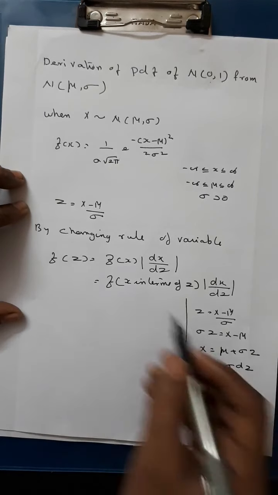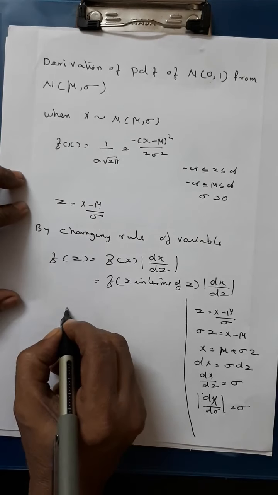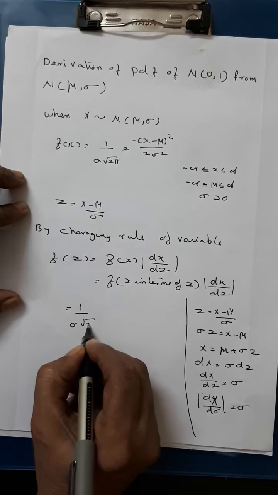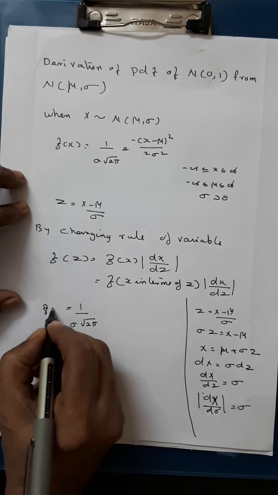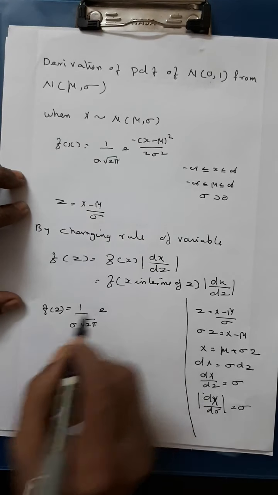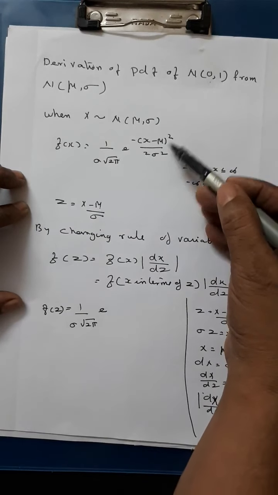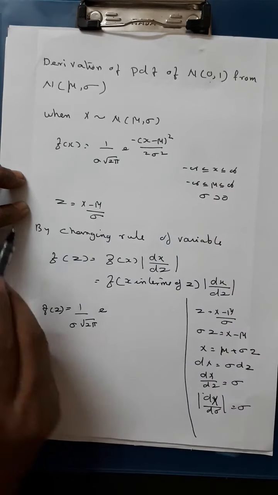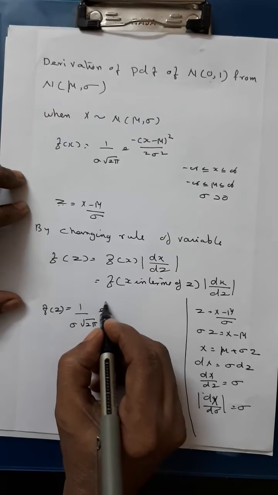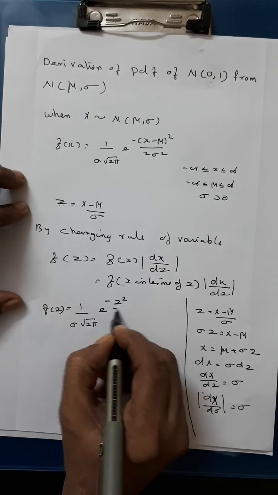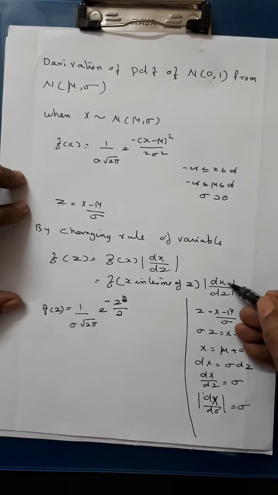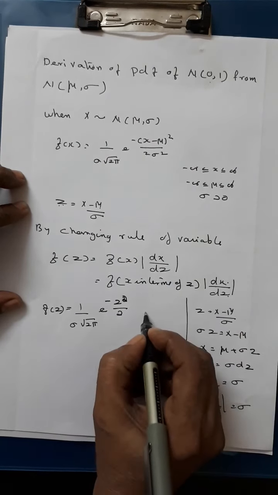Let us substitute these things here. f(z) is equal to 1 by sigma root of 2 pi e raised to minus (x minus mu) whole square by 2 sigma square, which becomes minus z square by 2, with x in terms of z, into mod dx by dz, that is sigma.